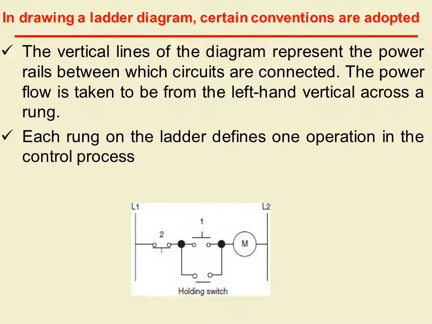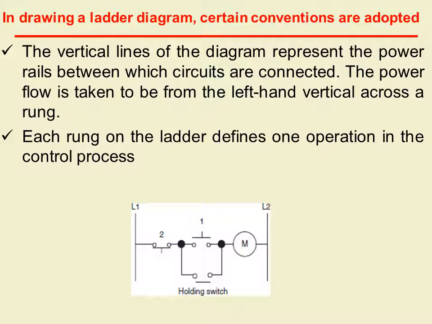The power flow is taken to be from the left hand vertical across a rung. Each rung on the ladder defines one operation in the control process. So to carry out one operation you have to use one rung.